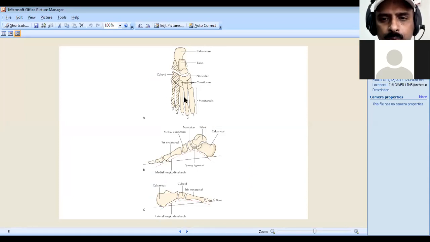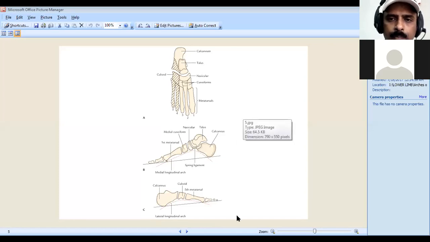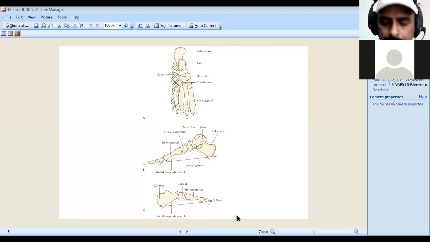So the medial longitudinal arch, you should know. Almost for all the arches, you have to remember the functions of arches. The most important functions are that they act like a shock absorber, and they propel the body forward during walking, running and jumping.